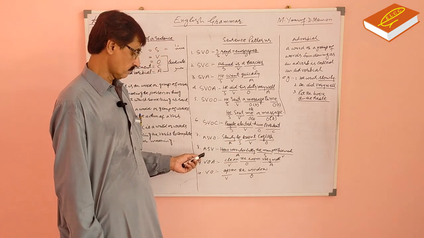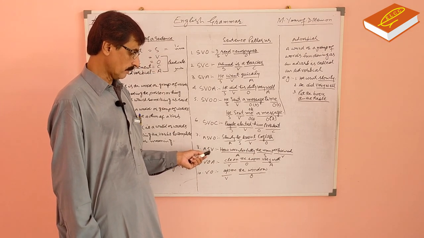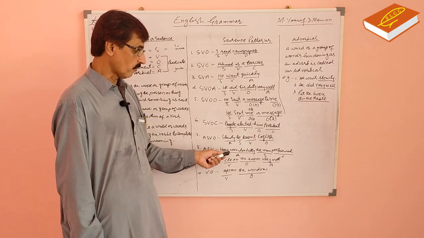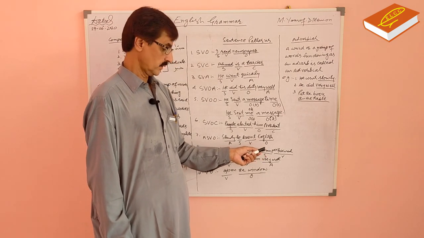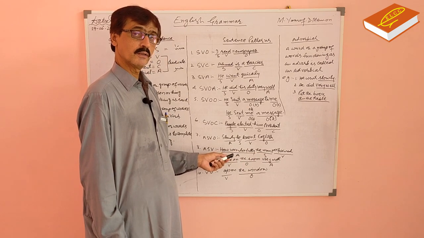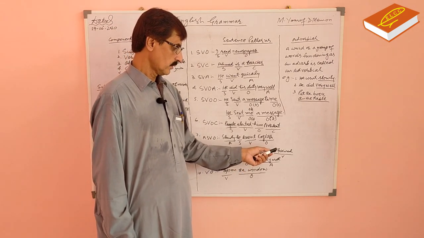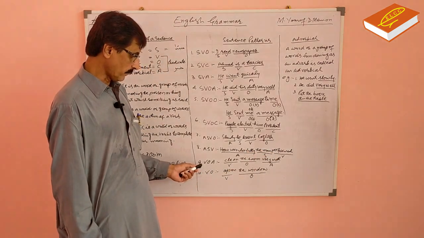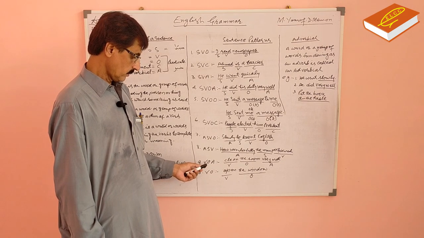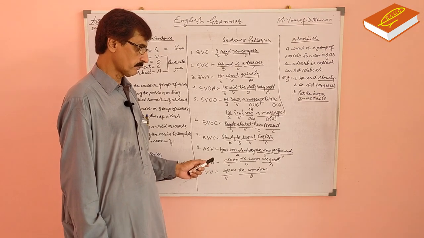Number 8 pattern. ASV, adverbial, subject, verb. How wonderfully the man performed. How wonderfully is adverbial. The man is subject and performed is verb. Number 9 pattern. VOA, verb, object, adverbial.